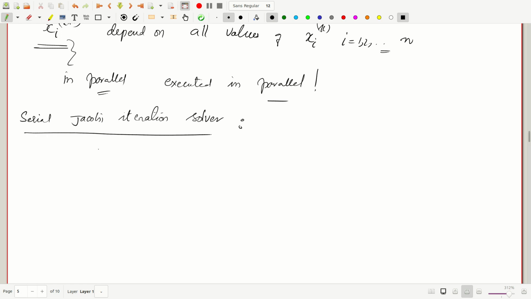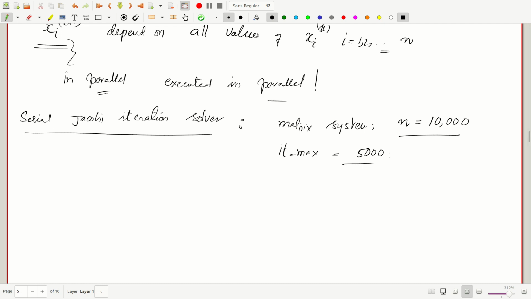Let us say we would like to solve a matrix system, and the size of the matrix system is n, let's say very large. Let's say we want to solve a 10,000 by 10,000 matrix, so n is 10,000. Let us also set the maximum number of iterations that we want to carry out to some number, say 5,000 iterations.